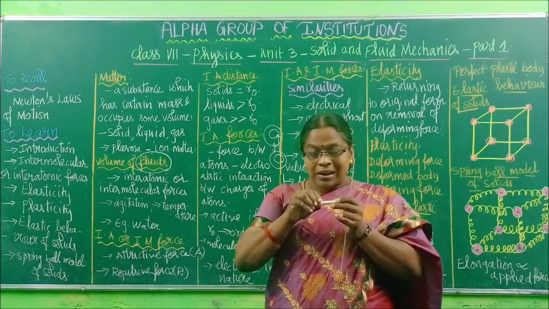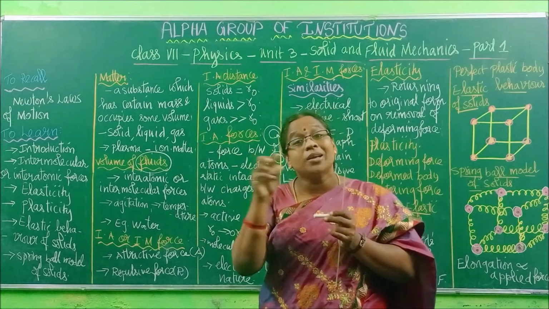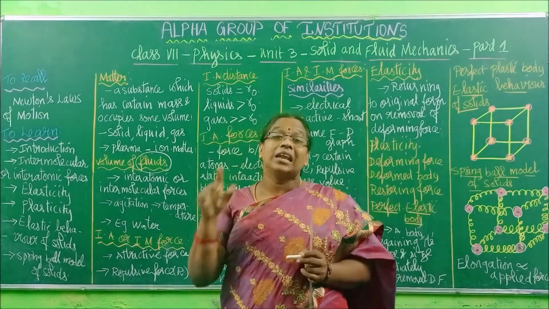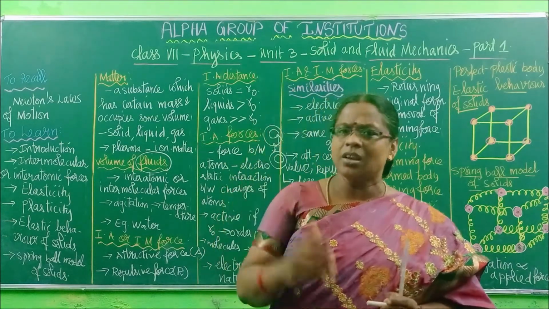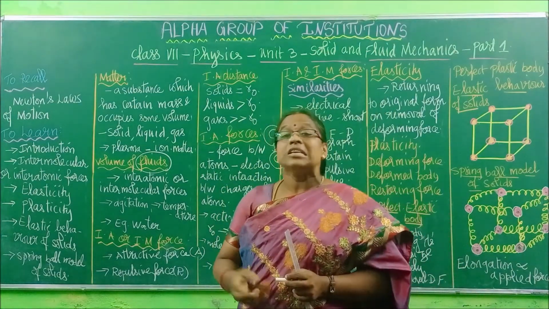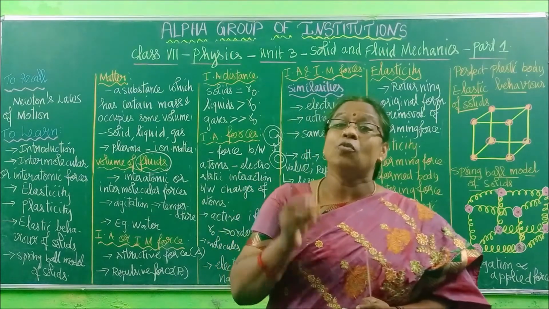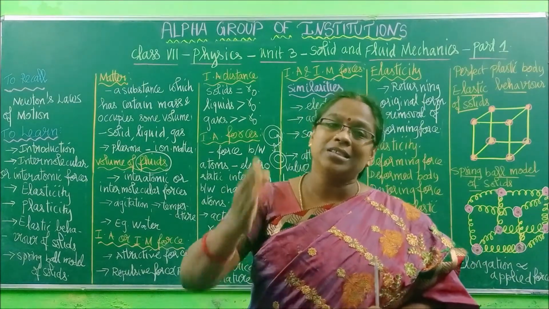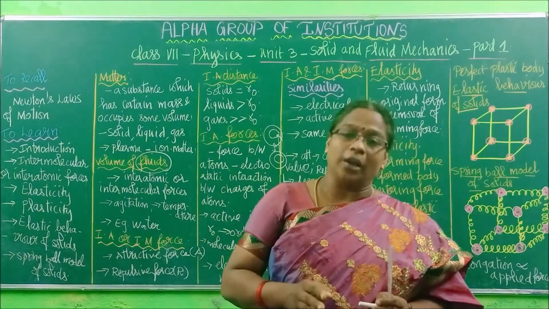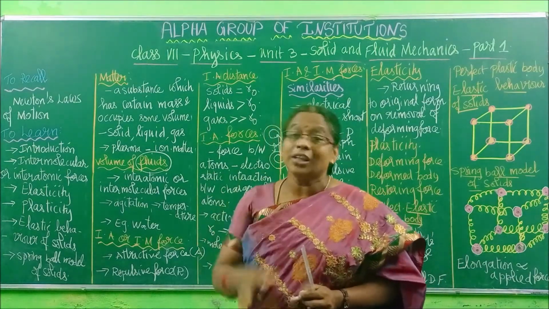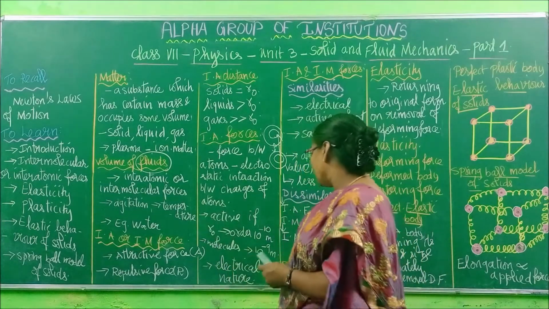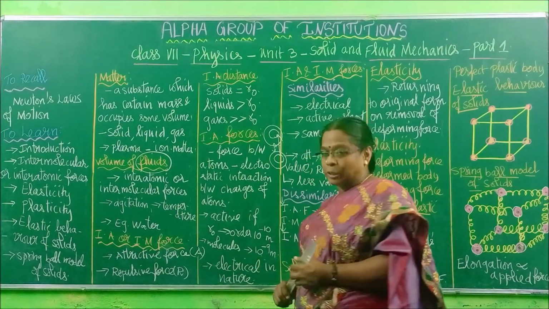Do you remember this 10 power minus 10 in your first lesson? Angstrom, right? If it is interatomic force, the value must be of the order of 10 power minus 10, and if it is intermolecular force, it must be 10 power minus 9 meter.